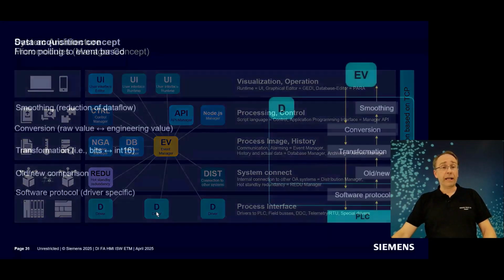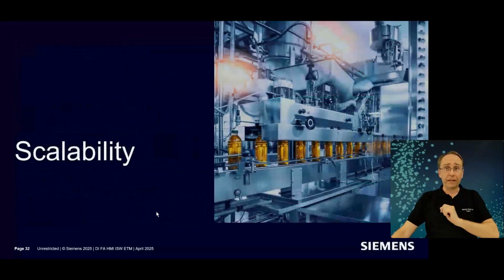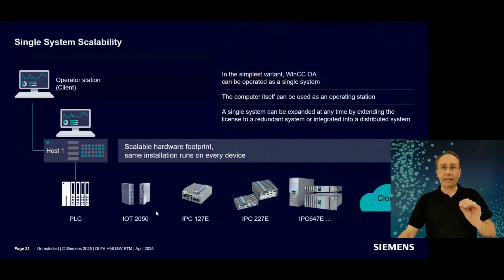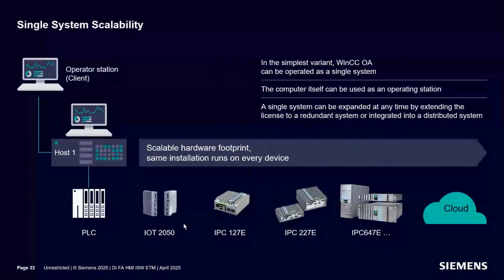And now let's continue with scalability. When we now have the idea of what a system can do on one machine, the question is, on which machine? You can have the very same installation on the smallest possible hardware. And it is not only the IoT 2050, which I would deem to be the smallest available thing.